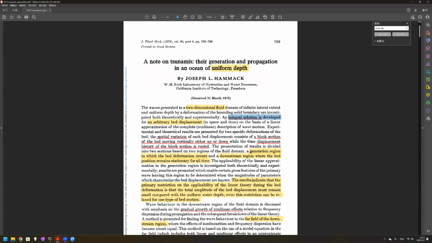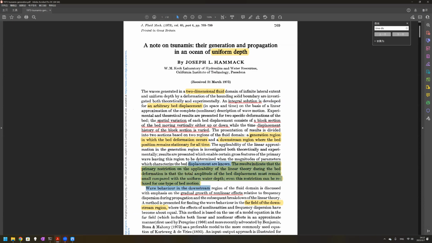The integral solution is developed for an arbitrary given bed displacement, and the author has used a linear theory to linearly approximate the boundary conditions to derive this integral solution. So one of the key questions in this paper is to study whether, or when, this linear theory is applicable.